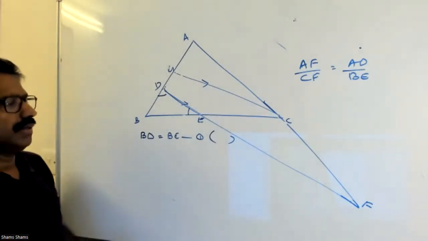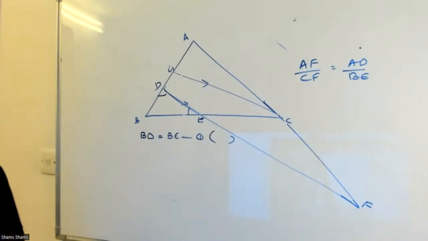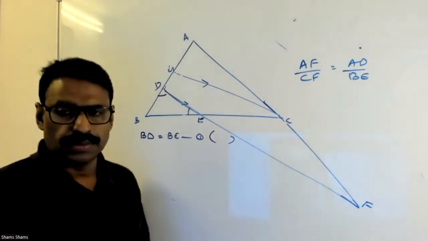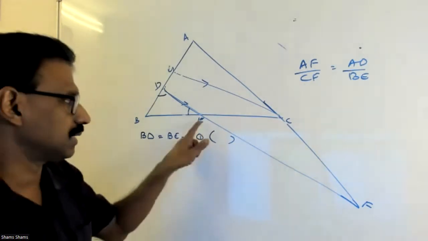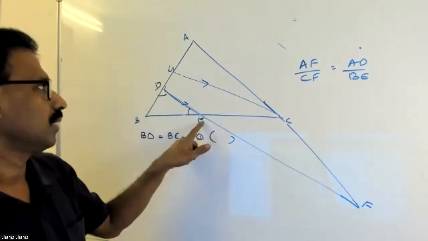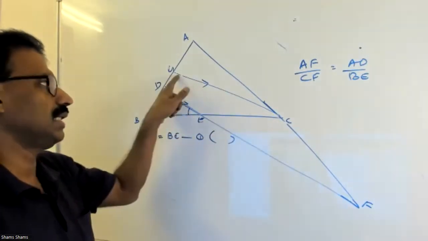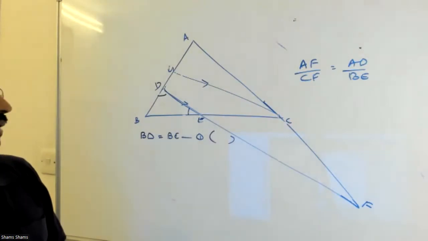In triangle BCG, E is the midpoint of BC, given. ED is parallel to CG by construction.